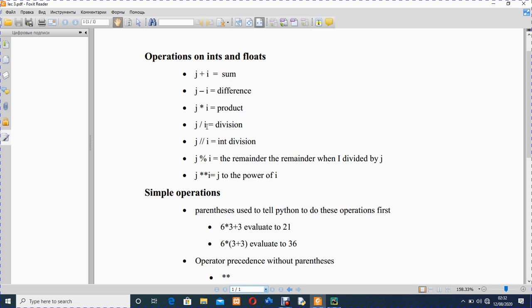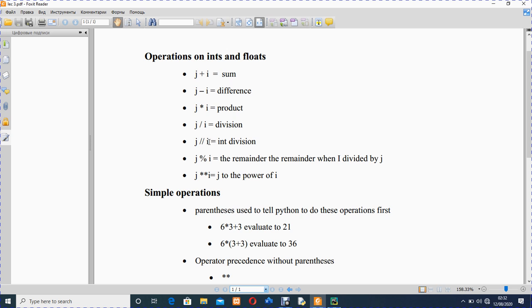The difference between j over i, which equals division, and j double slash over i is that the latter equals int division or quotient.